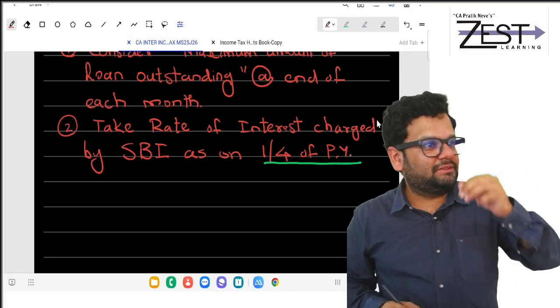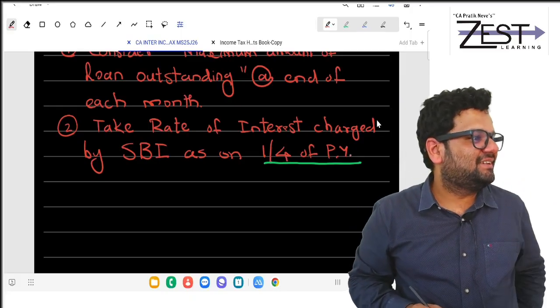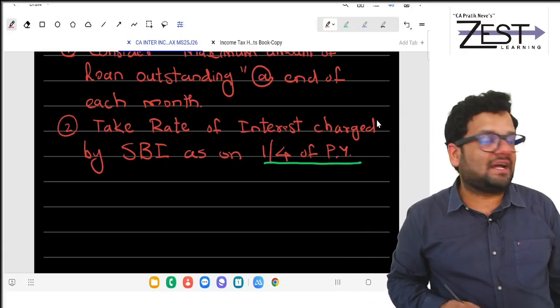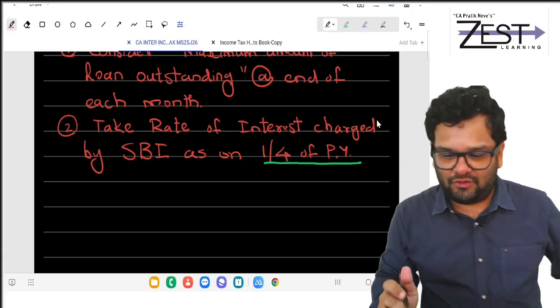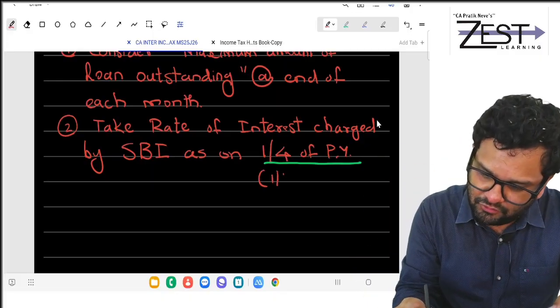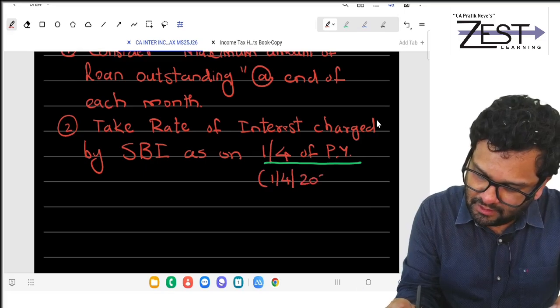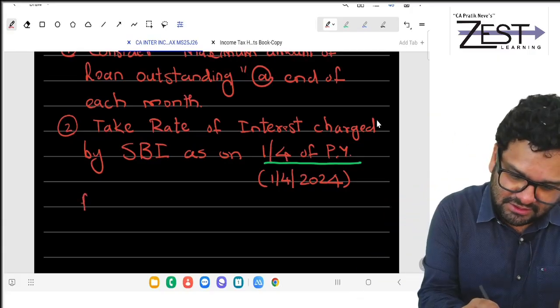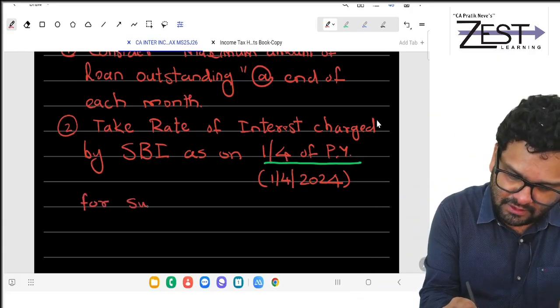They will give you the rate of interest on different dates. As per the rule, you should consider the rate charged by SBI as on the first day of the previous year, which means in our exam, 1st April 2024 for such loans.